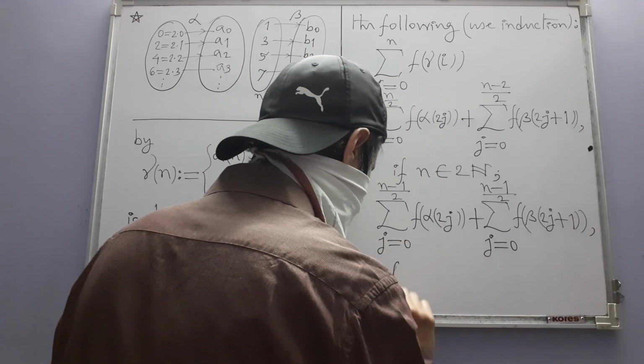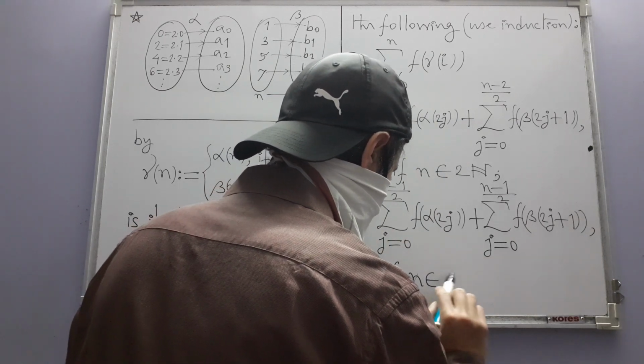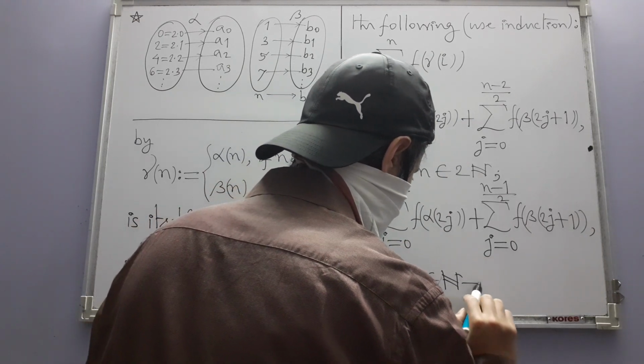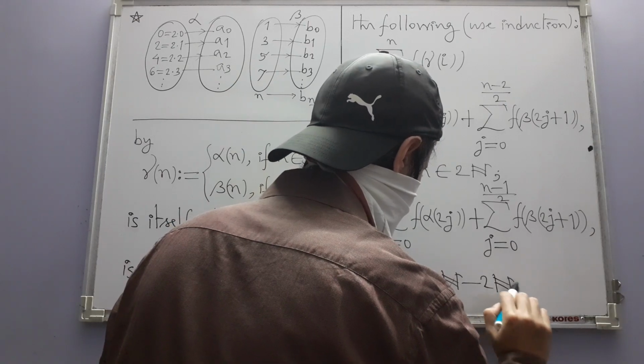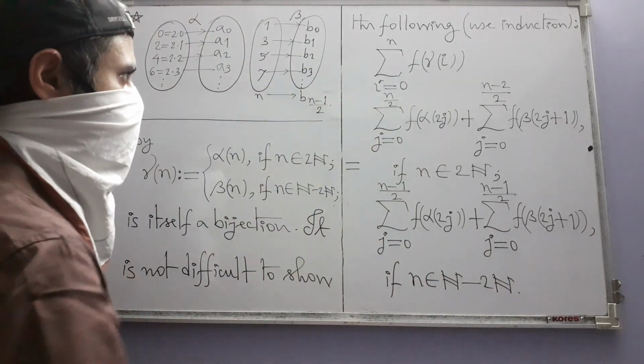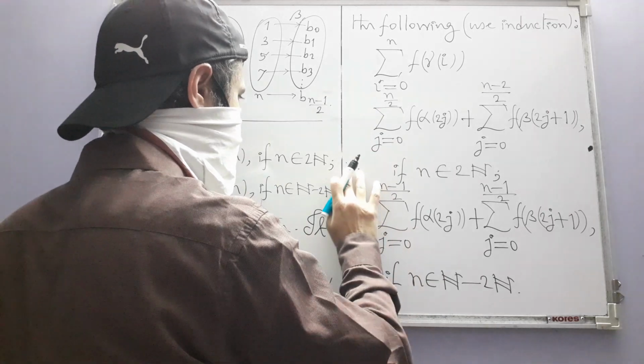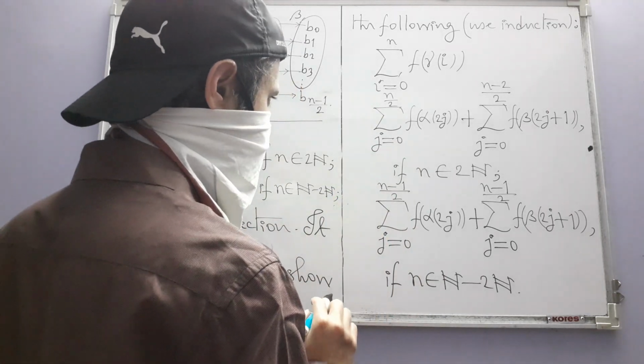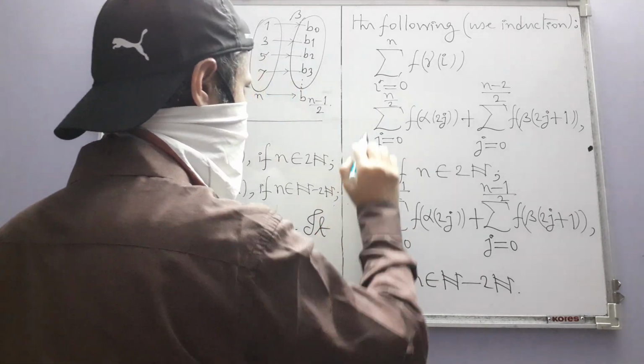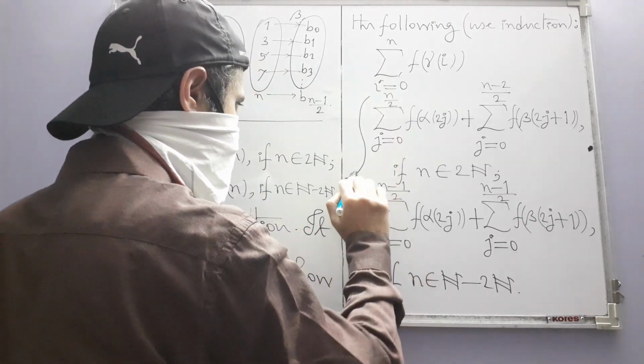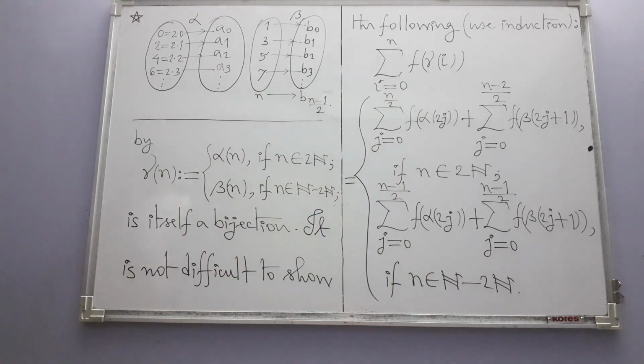If n is odd, okay, so this is, where should I put the equality sign? Somewhere in the middle, and this is your formula.